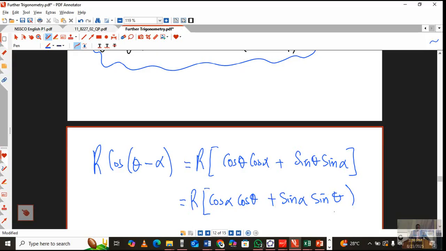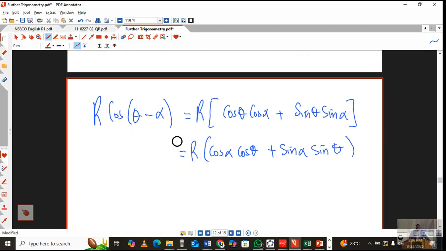Now I can actually go ahead and distribute that r. If I distribute that r, it's going to be r cos alpha cos theta plus r sine alpha sine theta.